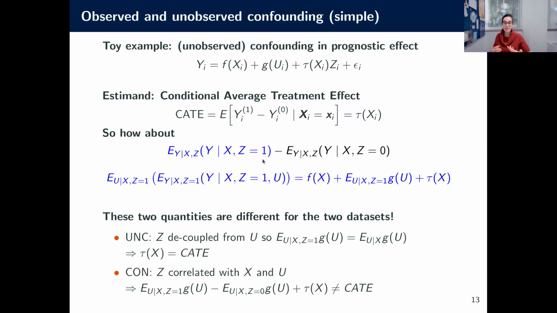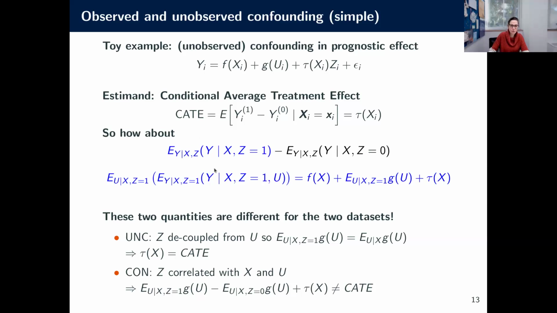Like I mentioned earlier, if we have conditional distributions, we can use regression in whatever way we like and everything is fine. Can we use regression here? Well, what's the problem? If we look at the corresponding conditional distributions, and for clarity here I've added the subscript, we're taking expectations over y conditionally on x and z, of y conditionally on x and z equal to 1 minus z equal to 0.